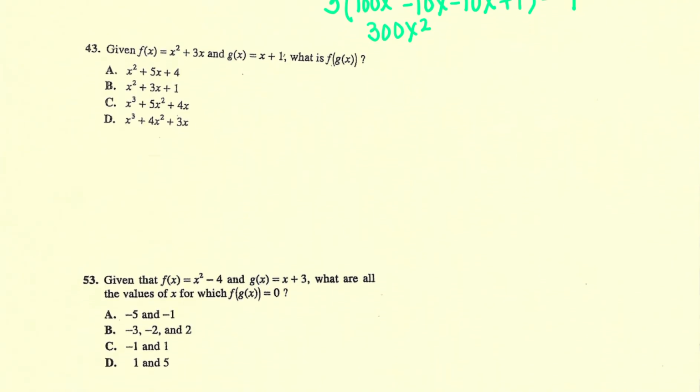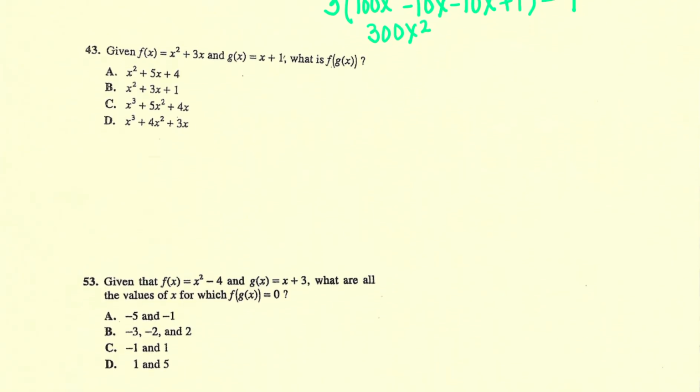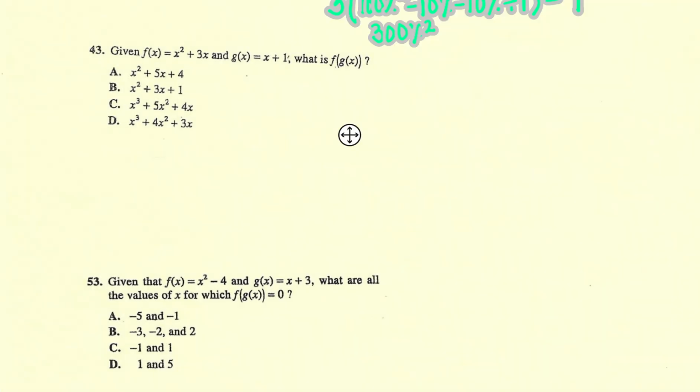All right, let's look at 43. On this one, once again, I'm going to take this g function right here and go put it into the f function. Letters in give us letters out. As in earlier, numbers in gave us numbers out.